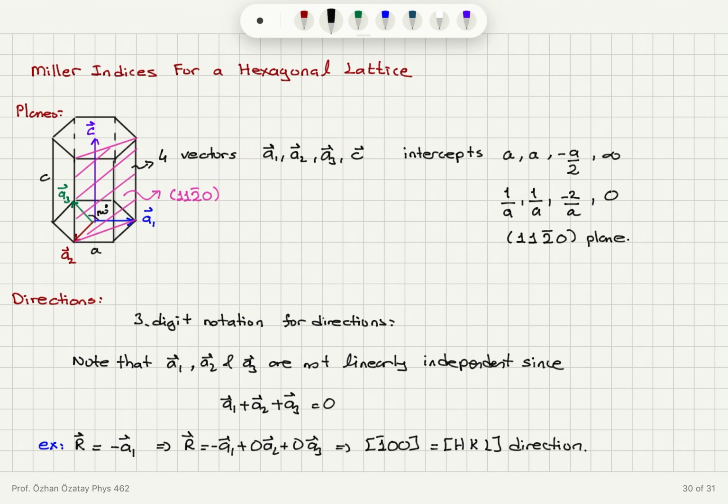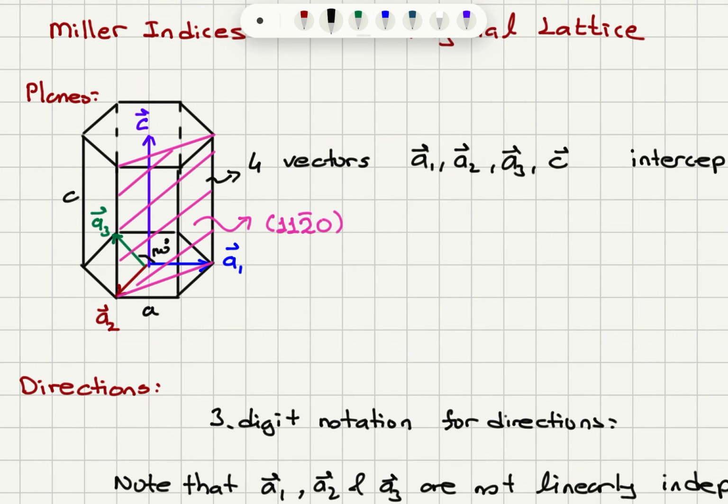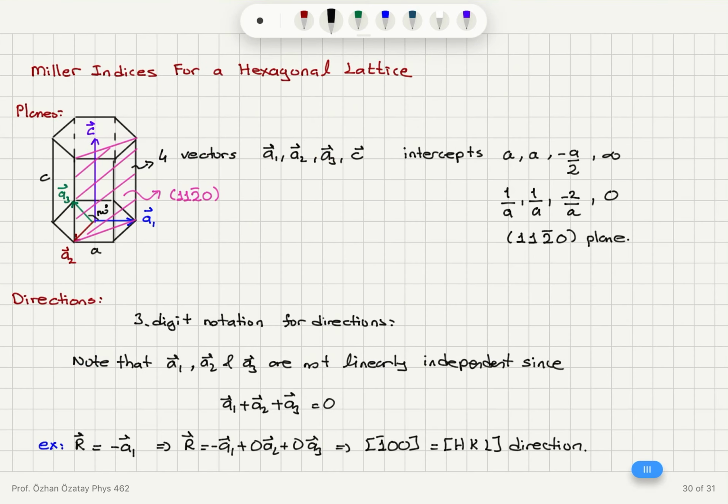And so I'm trying to label a plane here, this purple plane. It intercepts the axis that contains the a1 vector at 1 a, and the a2 axis at 1 a. It doesn't intercept a3 in the same way, and it's parallel to the c-axis.